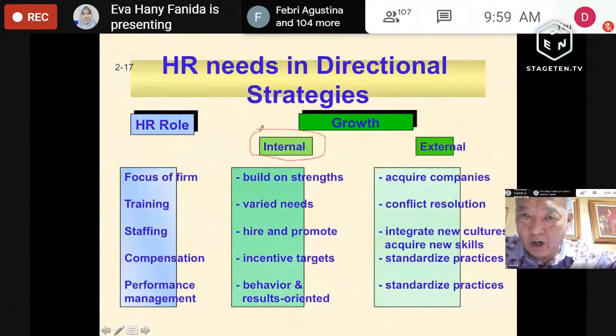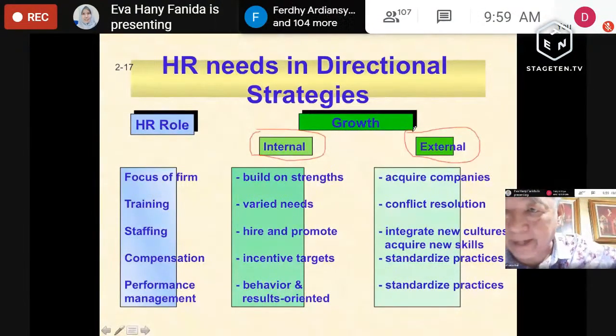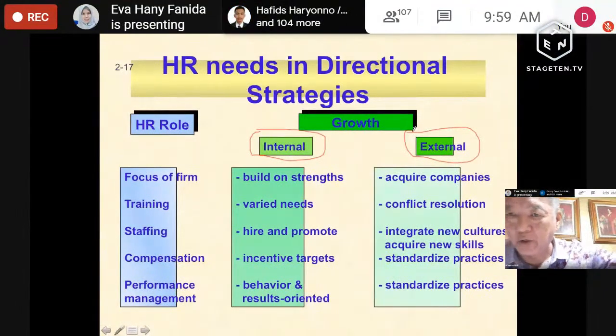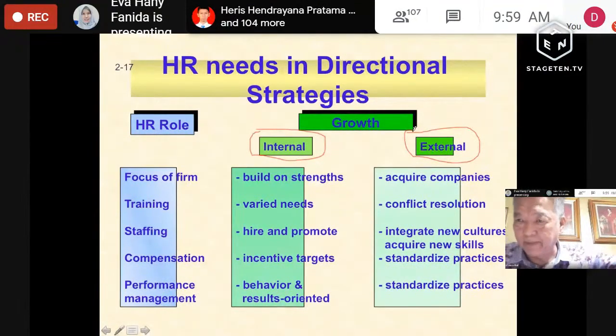So it depends on practices, training, staffing, compensation, and performance management. If we use internal growth strategy, we need many people with skill, and we have to hire and promote from within or from outside. We spend money for incentives, something like that.